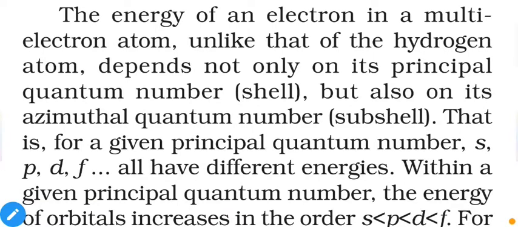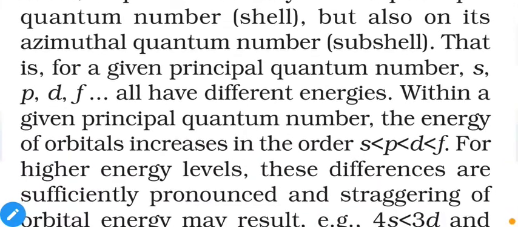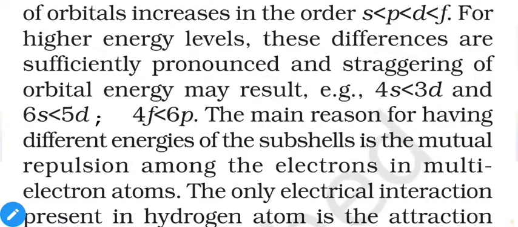So we have to use a combination of n value and L value, that means principal quantum number and azimuthal or subsidiary quantum number. The energy of these orbitals on the basis of L value is represented here. As you can see, s is less than p, p is less than d, d is less than f. Initially the effect of the azimuthal quantum number is not observable, but as we move to higher energy levels, its effect is observable.